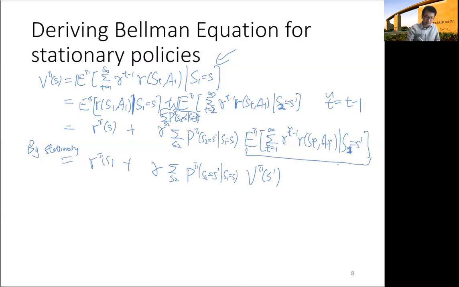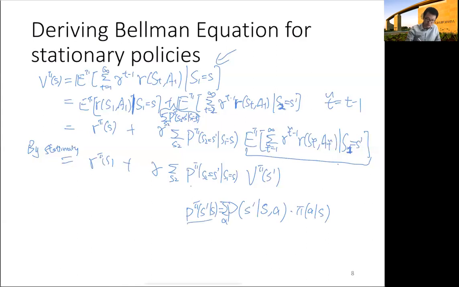The only thing I didn't tell you about is what this P pi is. Recall that P is the transition dynamics of S and A. So P pi is really just marginalized over A. P pi of S prime given S is equal to this, by the Bayes rule, applying the policy pi of A given S and then summing over A. To get rid of this A factor, you can think of this in matrix notation.